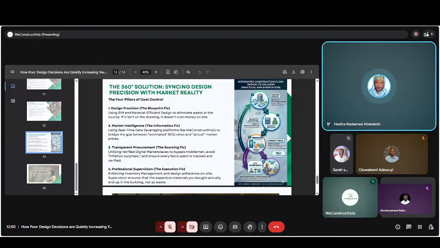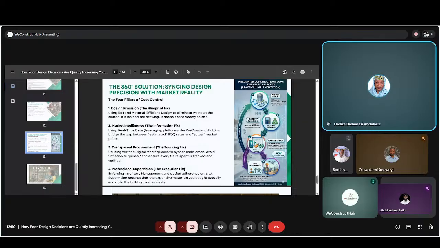And as I just said, leverage platforms like Reconstruction Hub to bridge the gap between estimated BOQ rates and actual market rates. Utilize verified digital market data to bypass middlemen, avoid inflated prices, and ensure every naira spent is tracked and verified.